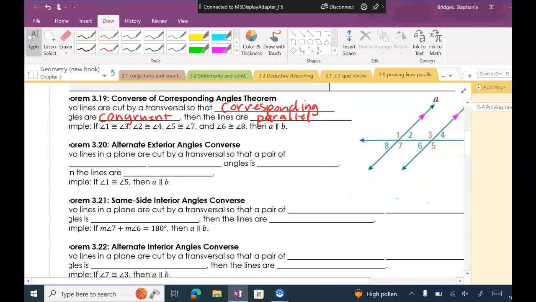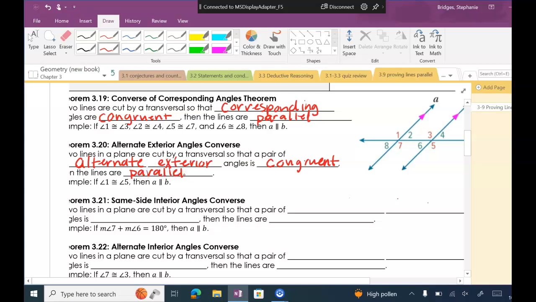The next one is if two lines in a plane are cut by a transversal so that a pair of alternate exterior angles are congruent, then our lines are going to be parallel.